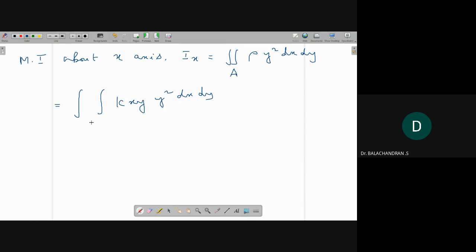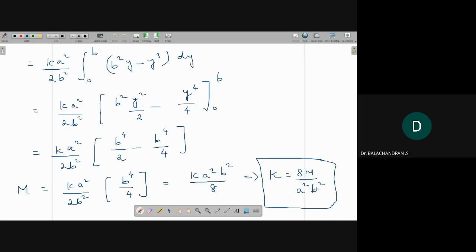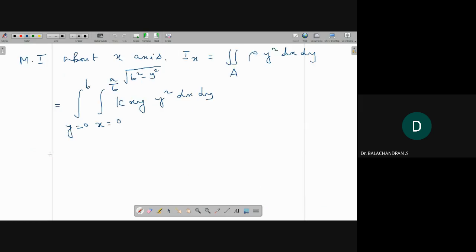So here again, x varies from the same limit, 0 to a by b root of b square minus y square, and y varies from 0 to b, and k equal to what? K equal to 8m by a square b square. So that is constant.